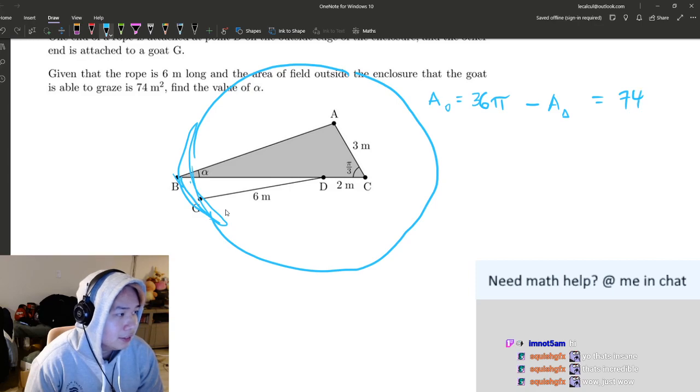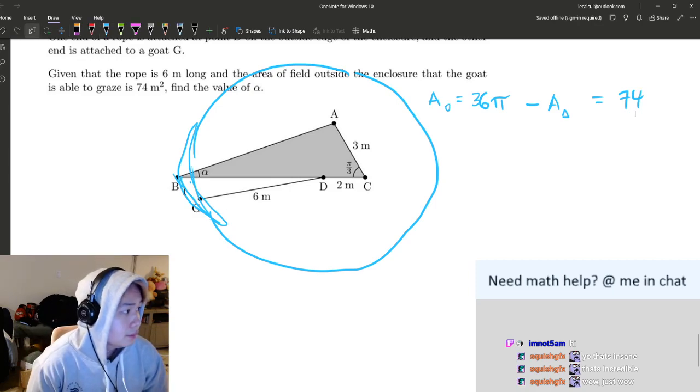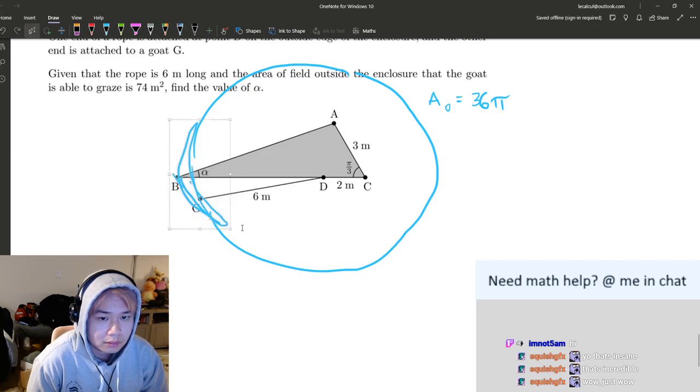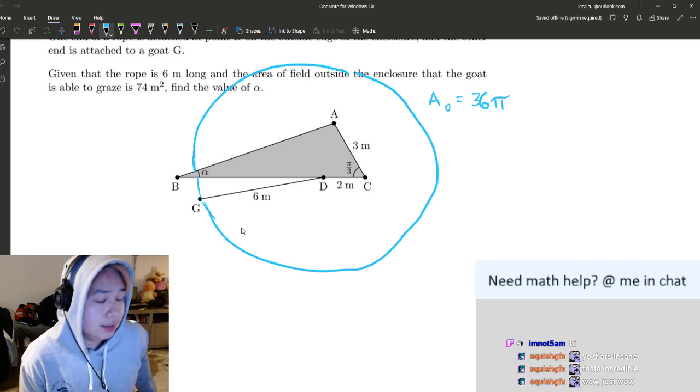Because we know that this is 74. But I don't think that's the case. Because I think the enclosure actually sticks out a little bit.